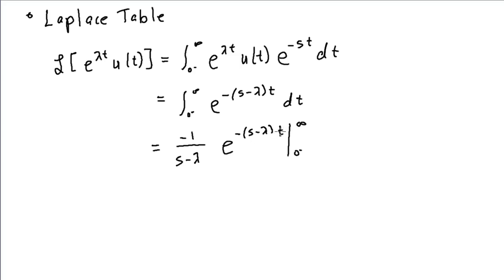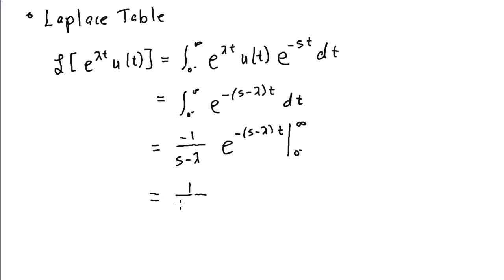At t equal infinity, as long as this difference has a positive real part, this term will go to 0, and when I evaluate this at 0, I get 1, so I'll have 0 minus 1, or minus 1. So the final result is this quantity times a negative 1.